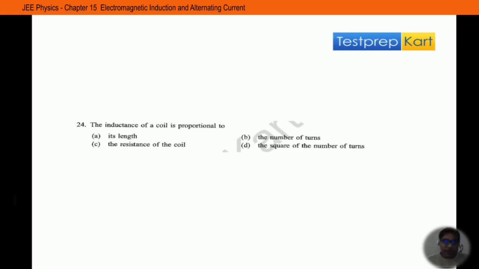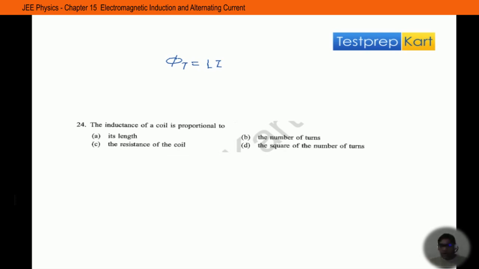The next question is: the induced EMF of a coil is proportional to what? If we try to find the induced EMF of a coil, we already know that EMF is related to flux, that is total phi. Total phi is L into I, where L is inductance and I is current.